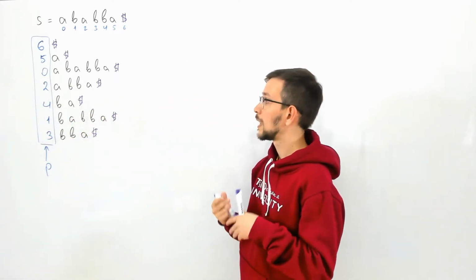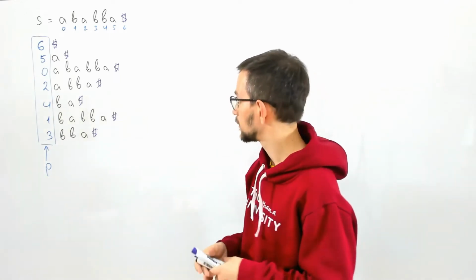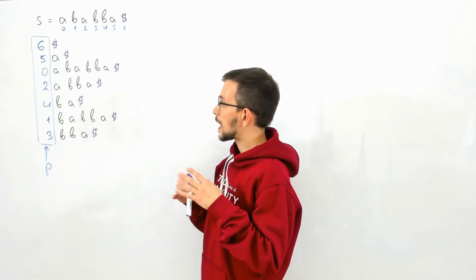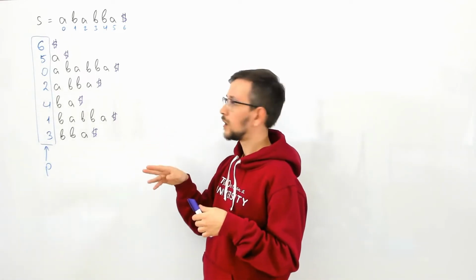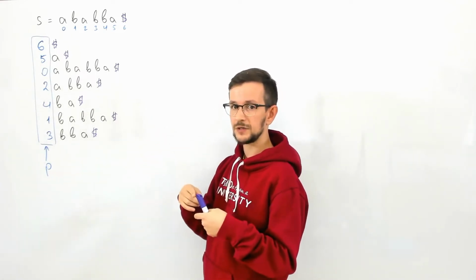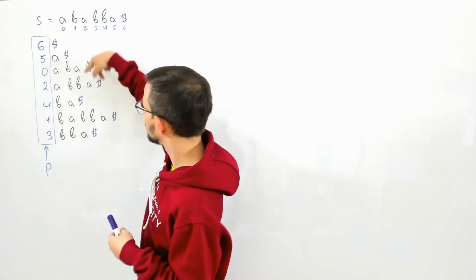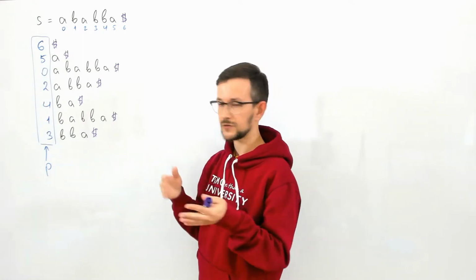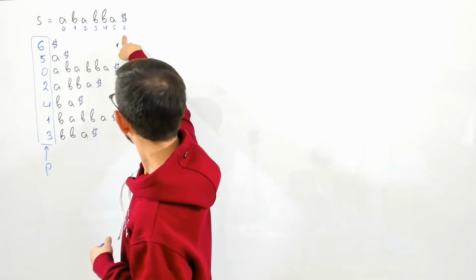Now, let's make all the strings the same length. How can we do it? Let's add more characters to each string using the next characters in the cyclic string. After the $, let's add all the characters of the string from left to right to make some kind of cyclic string. For example, here we have $, and then we start from the left.